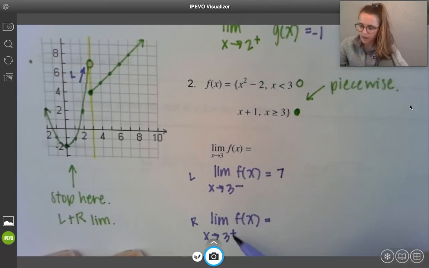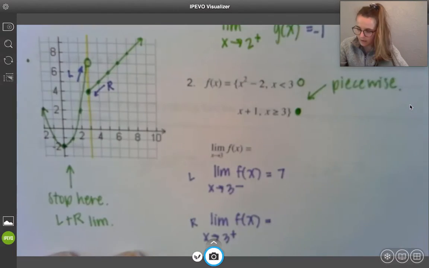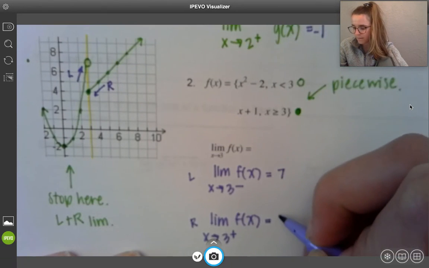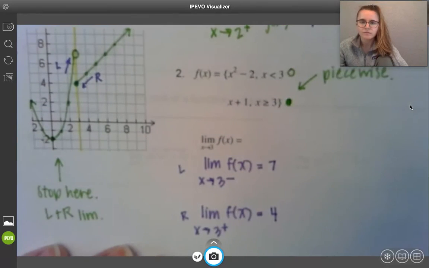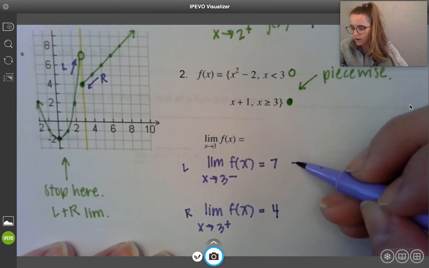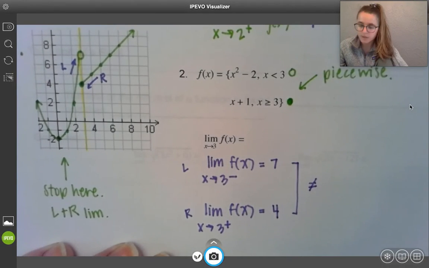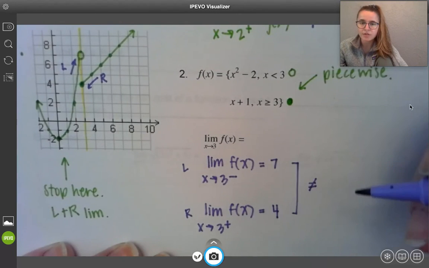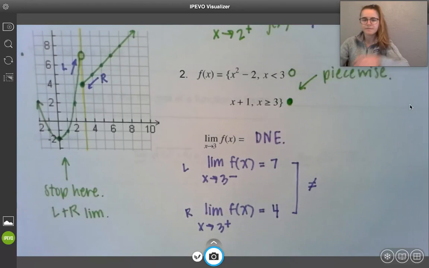As we're approaching from the right, f of x is equal to 4. We know very well that 7 does not equal 4. So the limit as x approaches 3 of f of x does not exist.